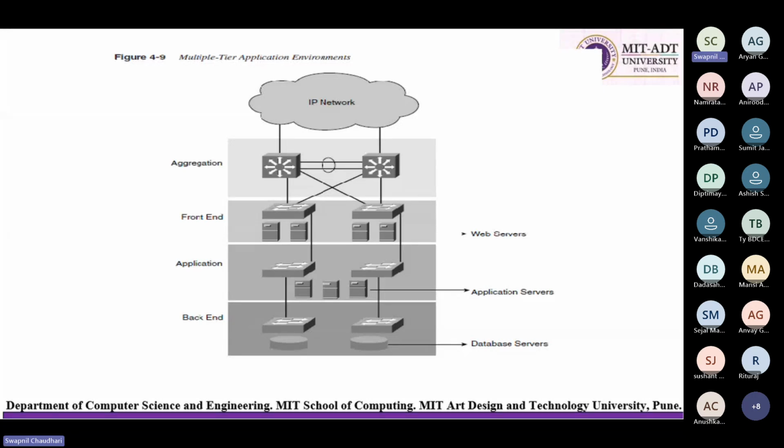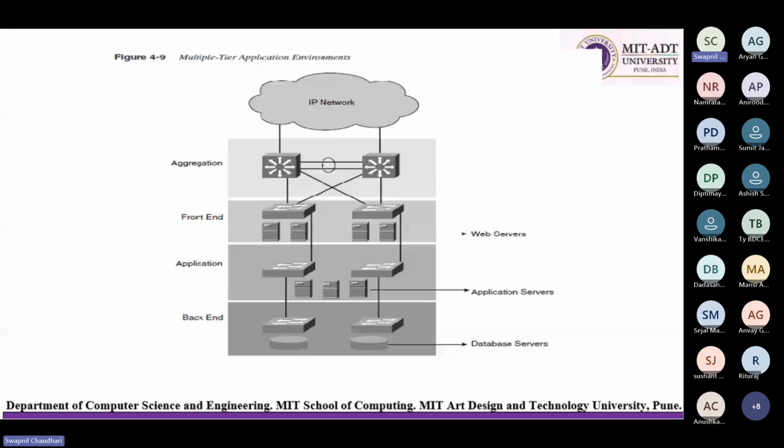What more can you say about this diagram? What is the redundancy in this diagram? You can see multiple switches and servers across the connections. So this ensures high availability and no single point of failure here.